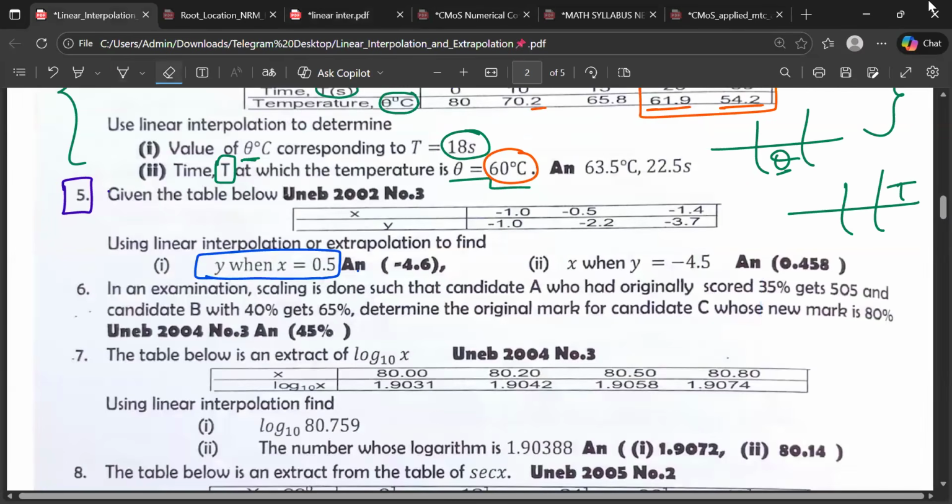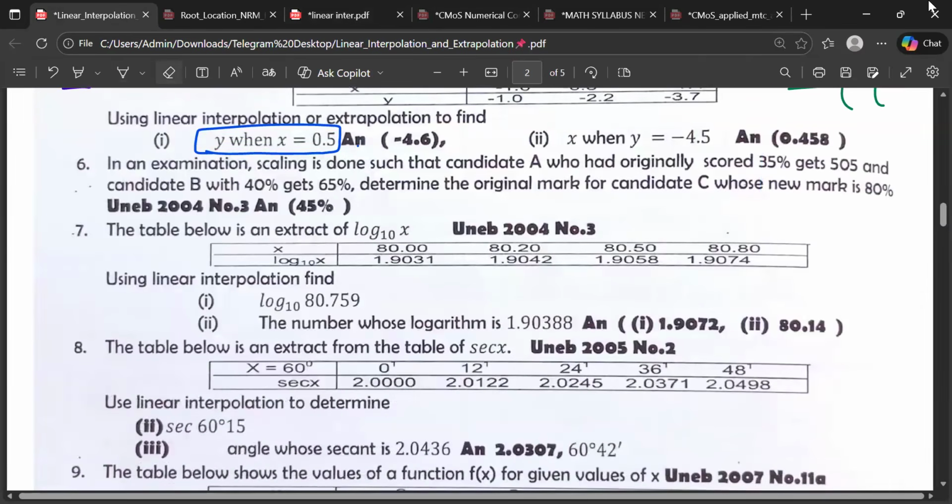Now you can see this is another question where they are giving you x and log x. They are telling you to find the number whose logarithm is this. When you look at this, 80 point something resembles these values of log x.